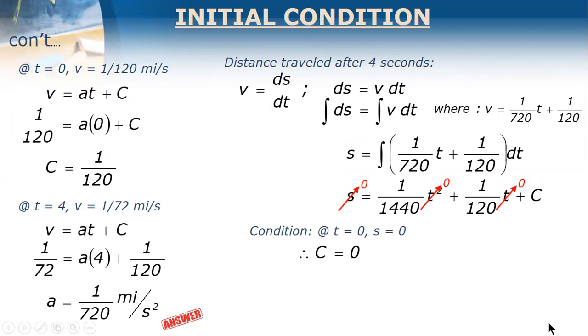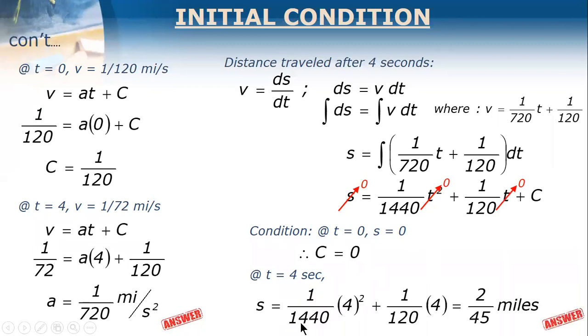So to solve for distance, we'll substitute t equal to 4. So at t equal to 4 seconds, you replace t by 4, and the answer is 2 over 45 miles.